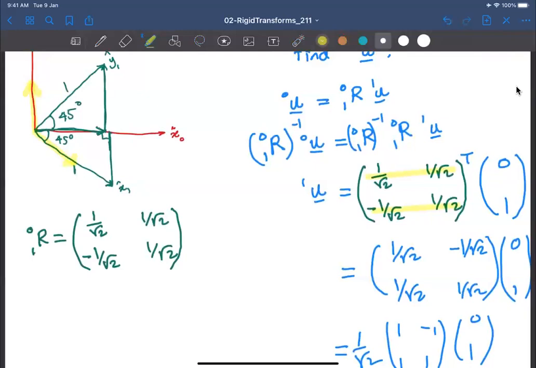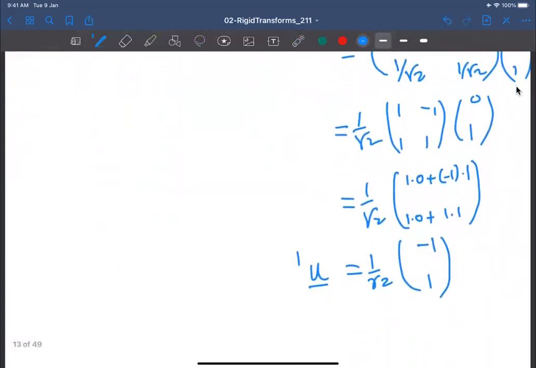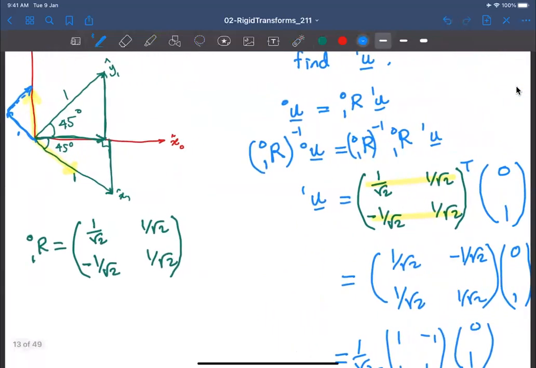So if you extend this, our vector is going to be this. So it goes this much opposite to the x1 direction, and then this much in the same y1 direction. What is this? Basically, this one is negative 1 over root 2, and this one is 1 over root 2.